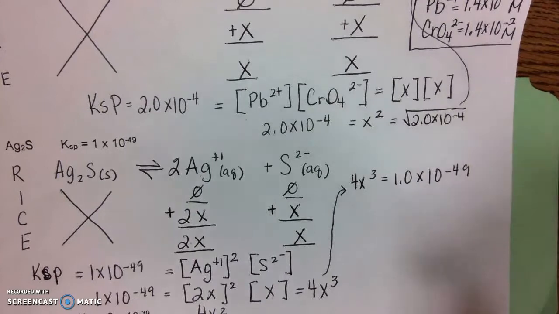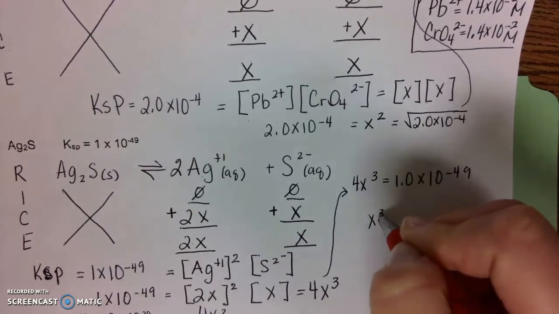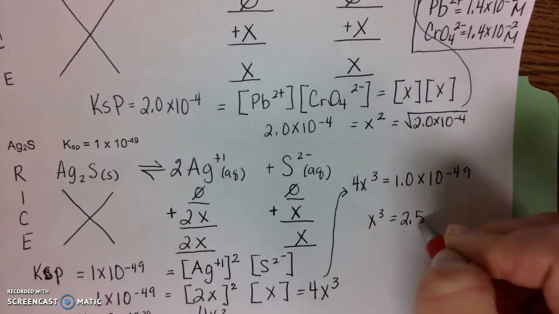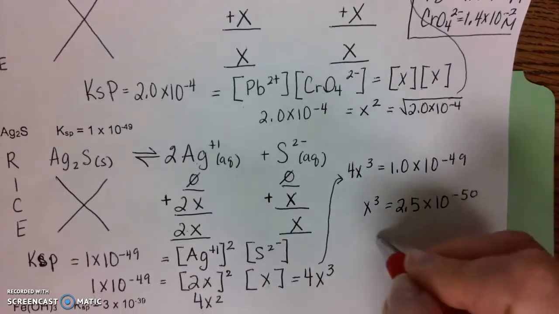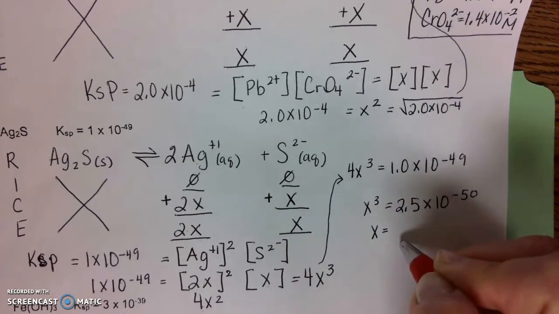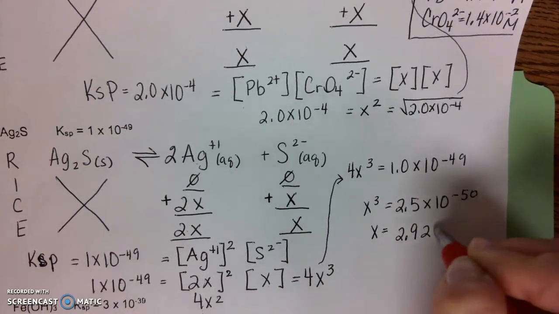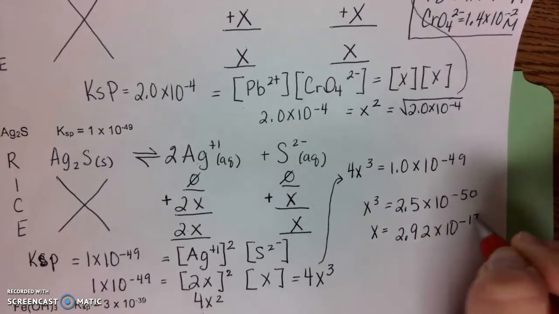We'll divide that by 4, and we'll get x cubed is equal to 2.5 times 10 to the negative 50. And then we take the cube root, and we get 2.92 times 10 to the negative 17.